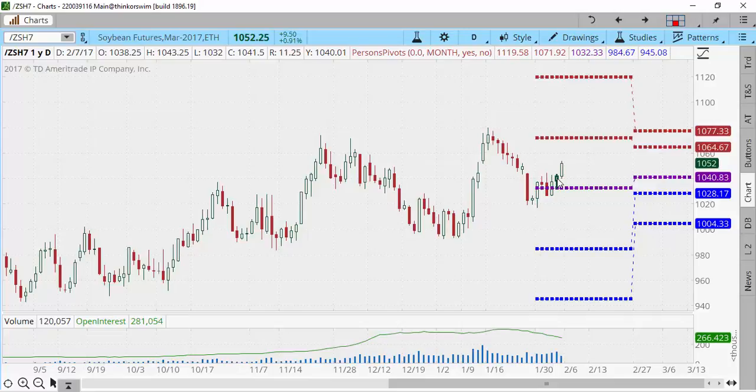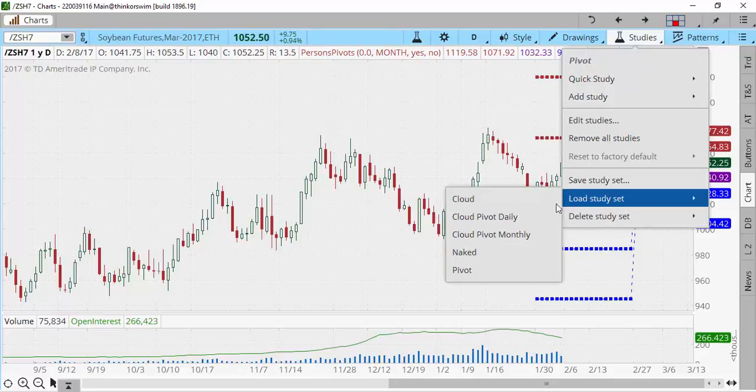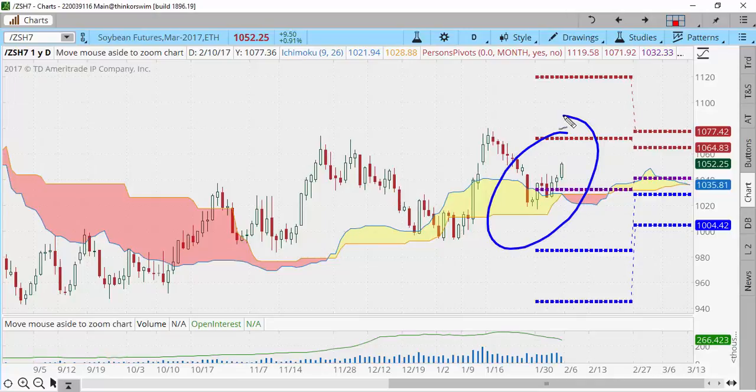All right, so let's combine the cloud and the pivot point. All right, so for me this is very clear. Price is above the cloud. Sorry, price is above the cloud. Yes. All right, it's an uptrend.